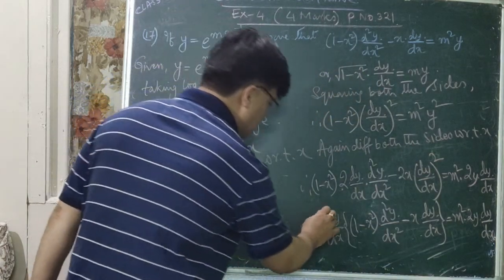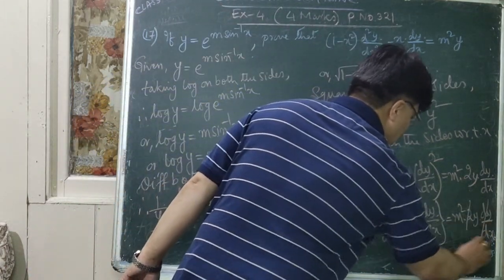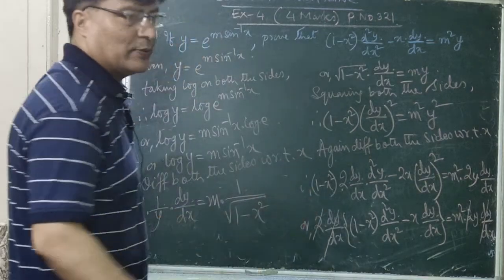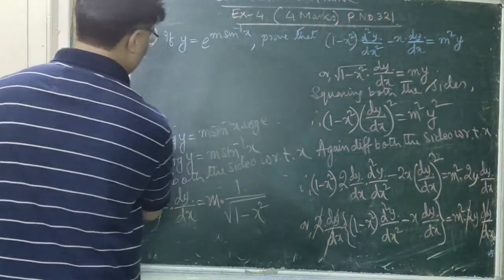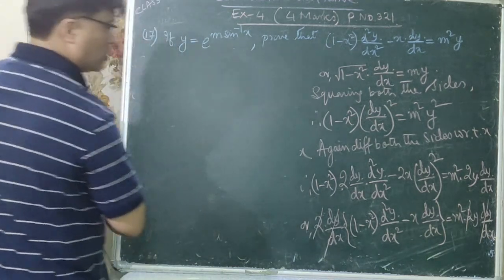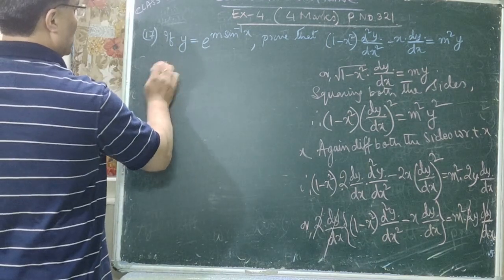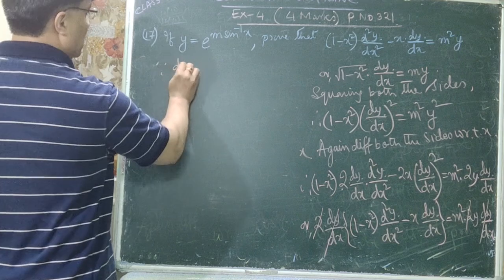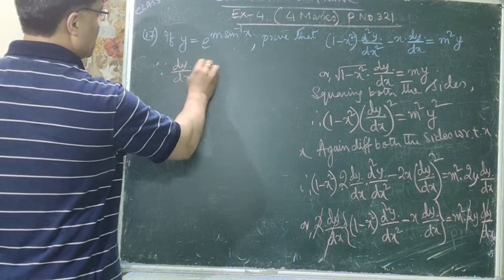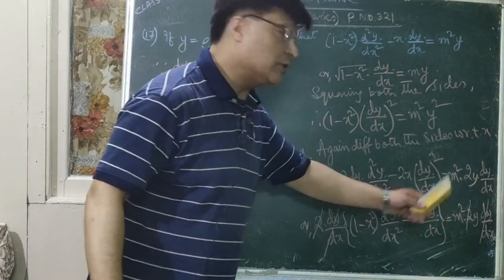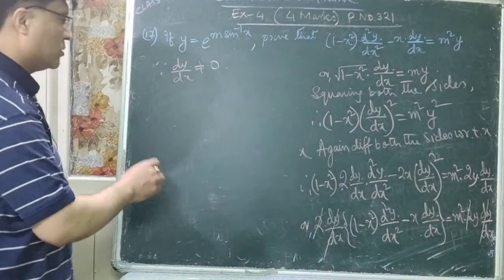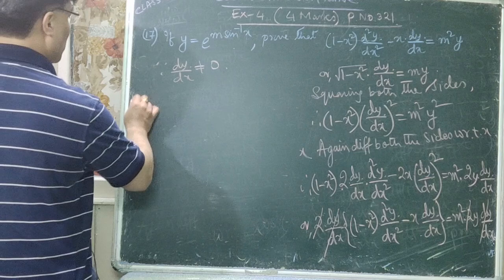So here you can cancel. 2 gets cancelled and dy by dx also gets cancelled, since dy by dx is not equal to 0 in this case. So what are the remaining terms now?